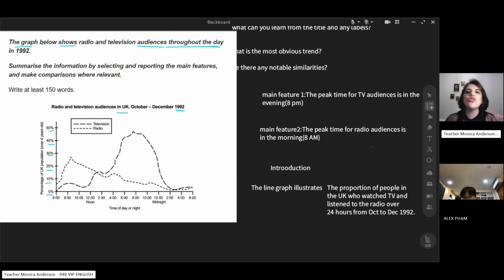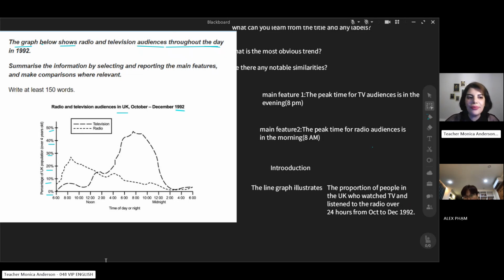So I only change the words. The line graph illustrates the proportion of people in the UK who watched TV and listened to the radio over 24 hours, from October to December 1992. I don't want to repeat the day, so I say 24 hours. So this is my introduction.